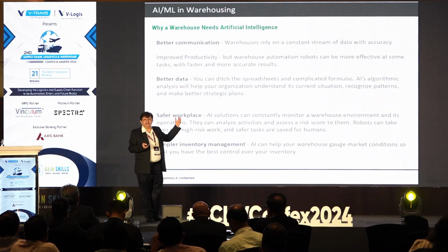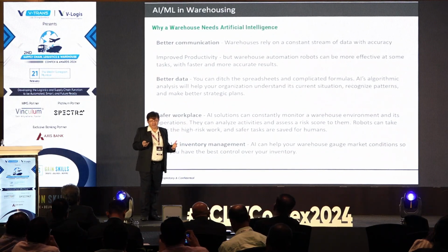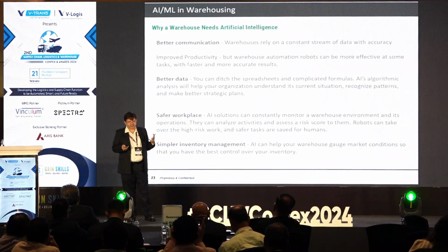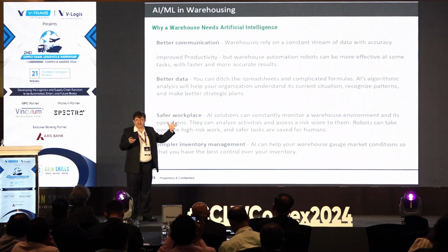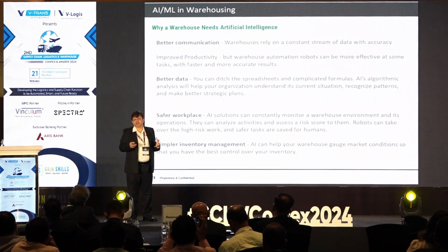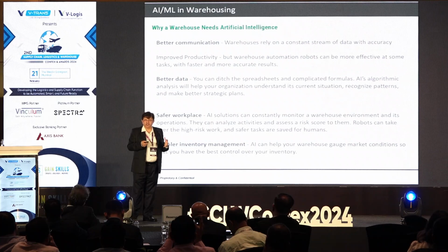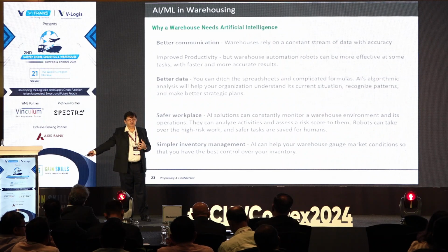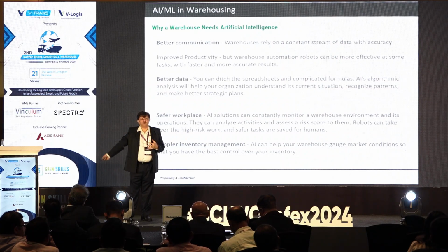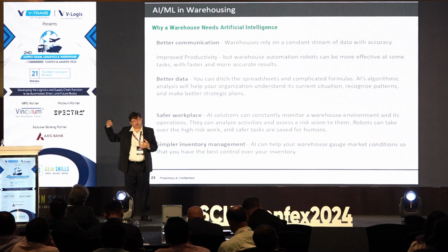Why artificial intelligence? We did speak about it. It's because it helps in better communication. It talks about better data, because by virtue of that, your database is going to be very strong. And the data that we are using today is going to help you fine-tune your processes for the future. That's going to help you make your future secure, and your future will look much brighter.